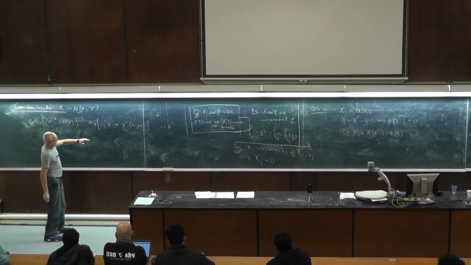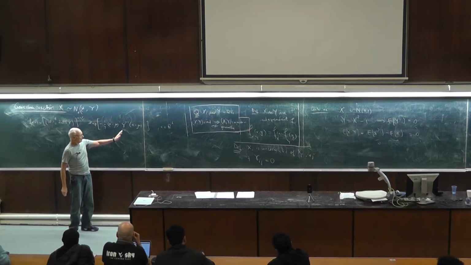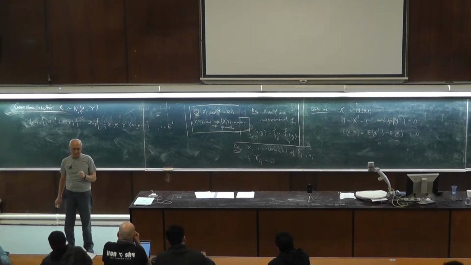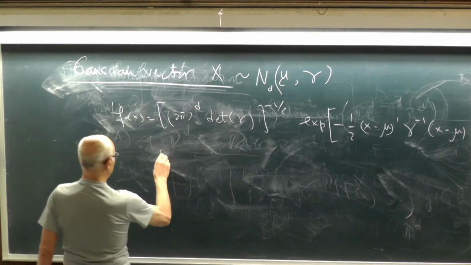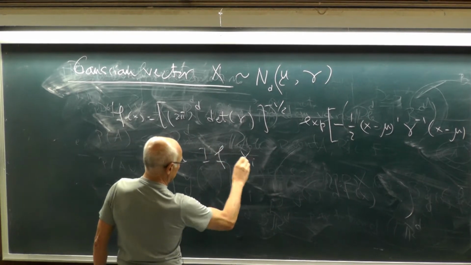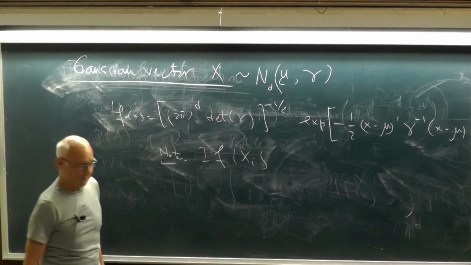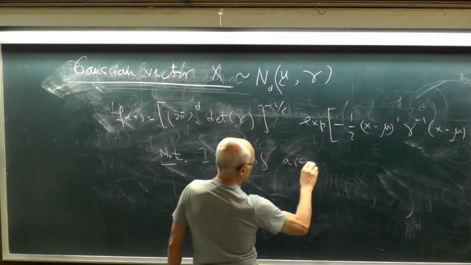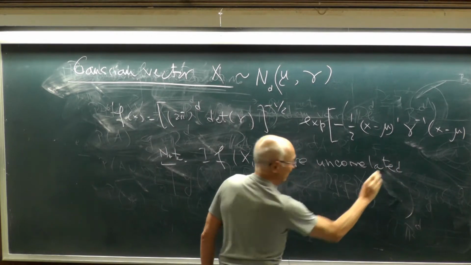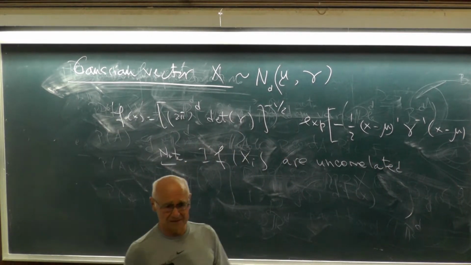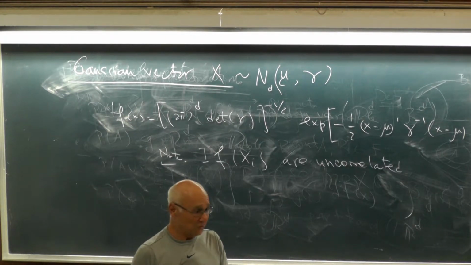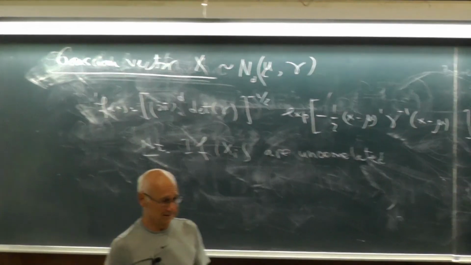Now, if you look at this Gaussian vector, if the components of X are uncorrelated, so let's note this, Xi, the components of X, are uncorrelated. What does it mean if they are uncorrelated? How does the covariance matrix look? All the off-diagonal terms are 0, right?